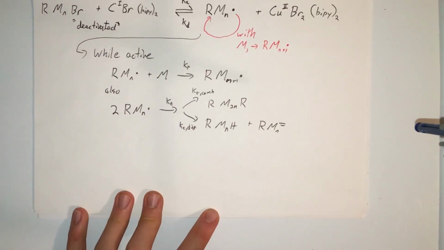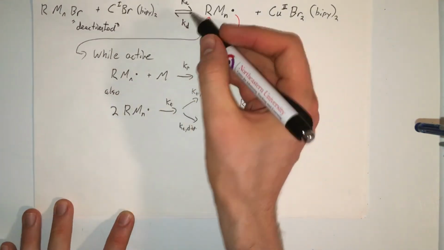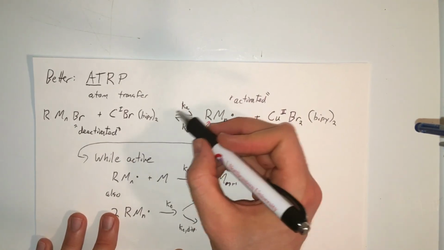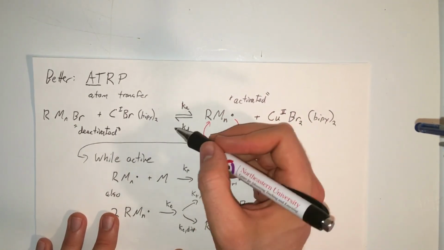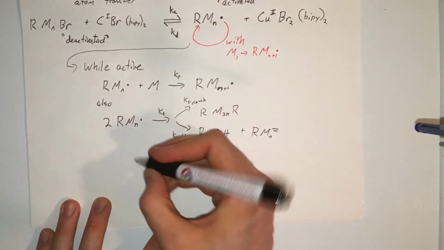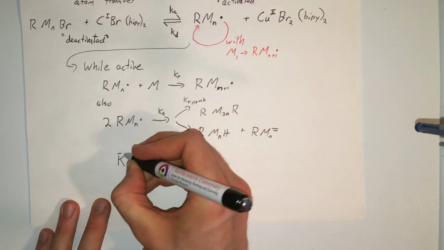So we can define an equilibrium constant, right? Anytime we have equations where there's a forward and a reverse, or an activated and a deactivated sort of reaction happening, we can define an equilibrium constant.